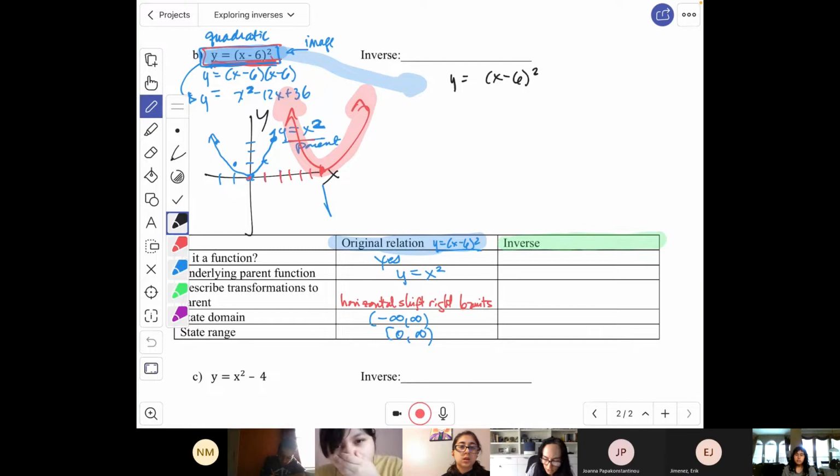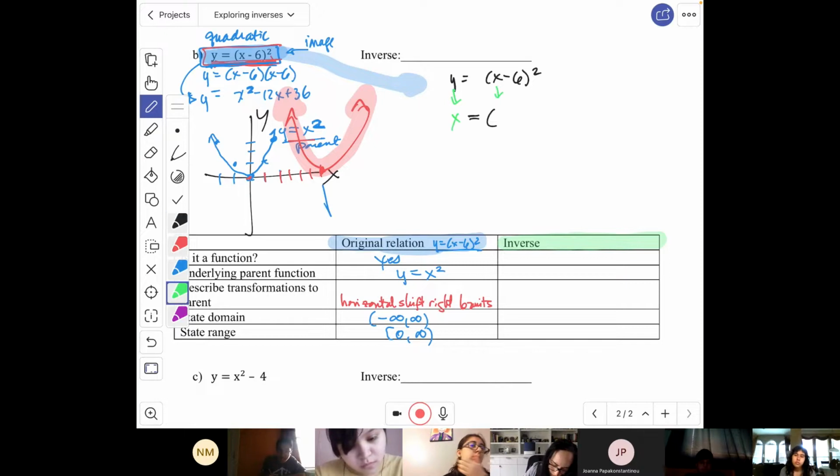How can I find the equation of the inverse? A quick, easy way: switch the x and the y. So now this becomes x equals y minus 6 quantity squared.